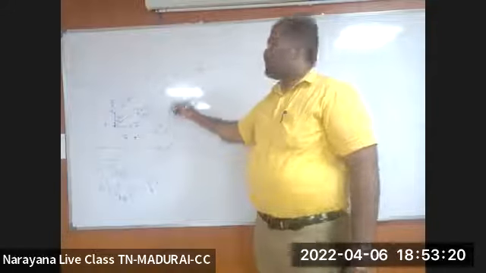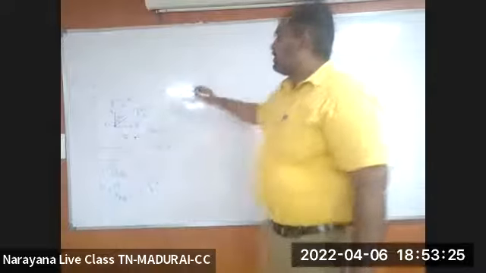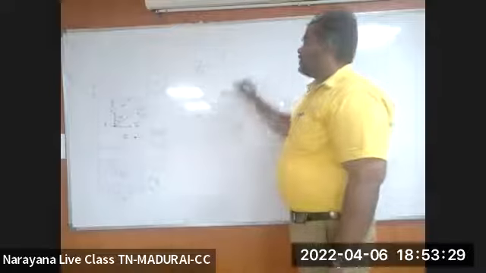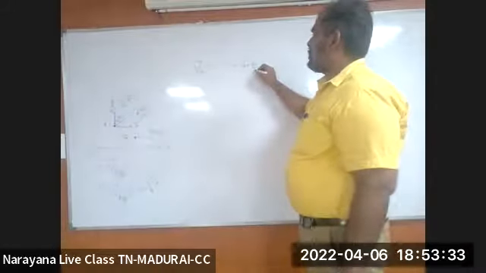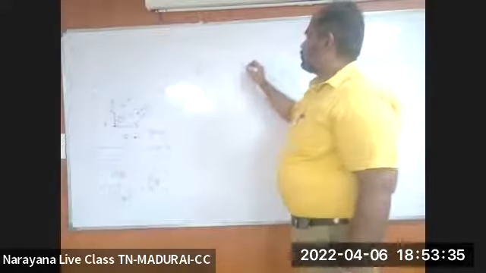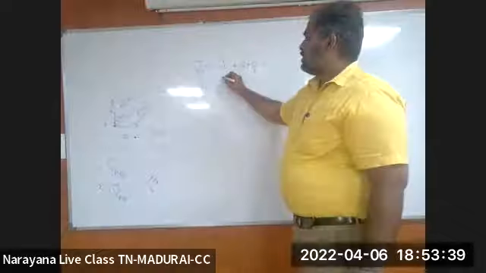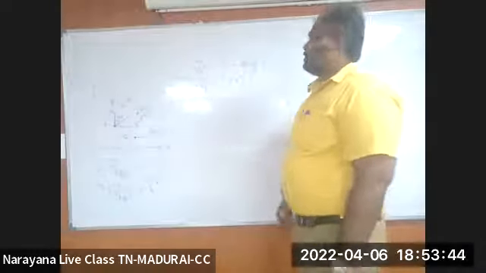Say yes or no? 2 sin 30 means just i cap, and 2 cosine 30 into j cap. Say yes or no? So 2 cosine 30 means root 3 by 2 into j cap. 2 cancels out. So what is the velocity of the bicyclist P? i cap plus root 3 into j cap.